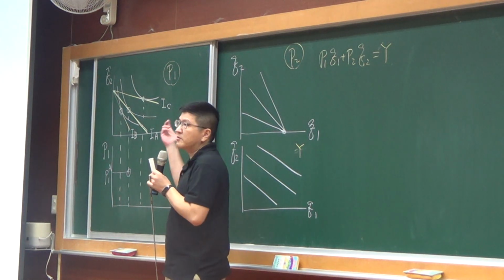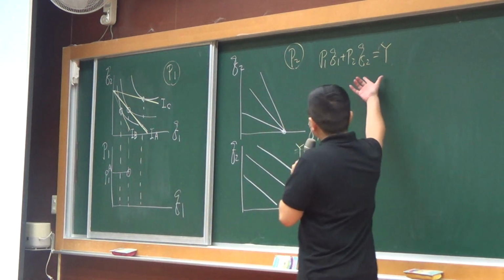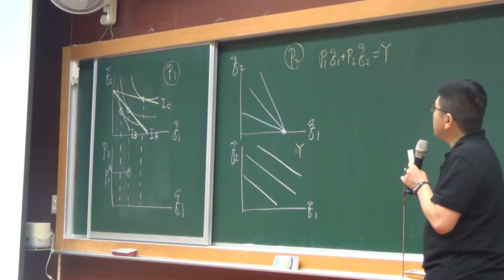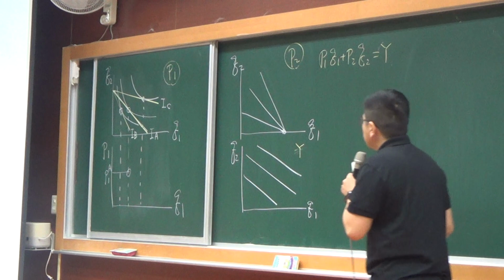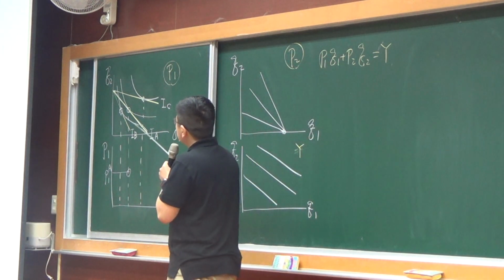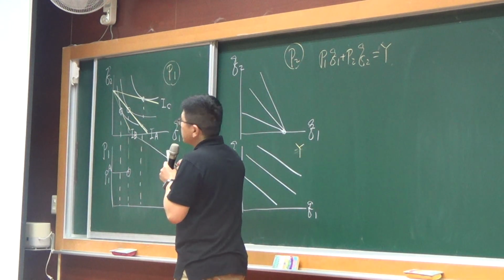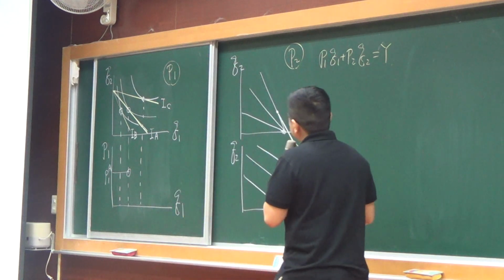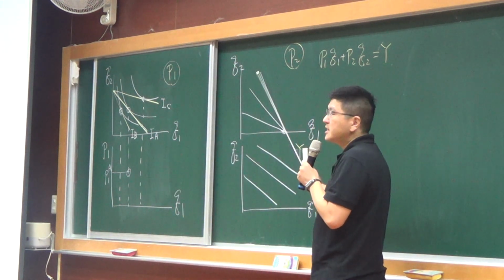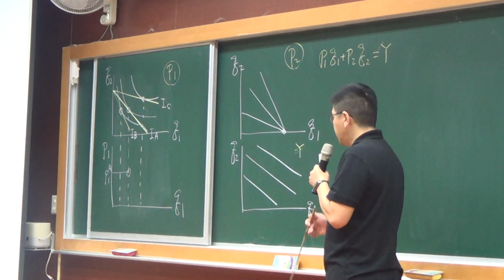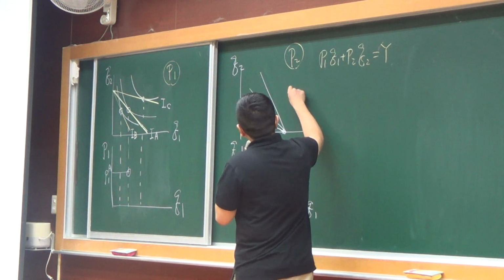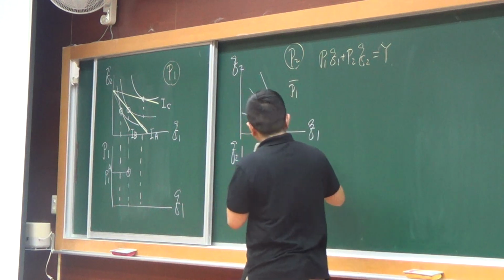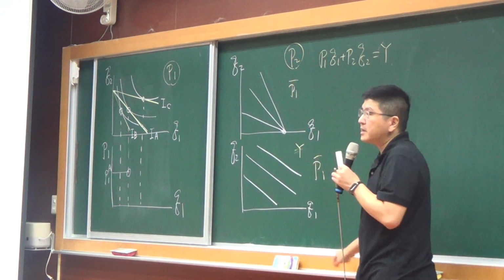It is P1, right? So if the budget constraint looks like this, P1 Q1 plus P2 Q2 equals Y, Y is income. So the change in P1 looks like this. And this would be the change in P2, right? And the change in Y. So in the last two cases, P2 and Y remain constant, right?